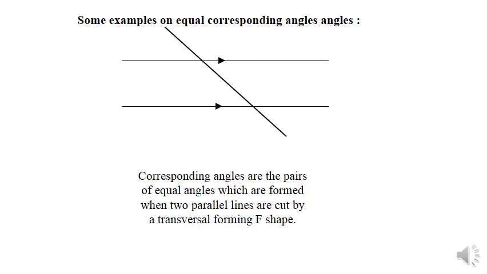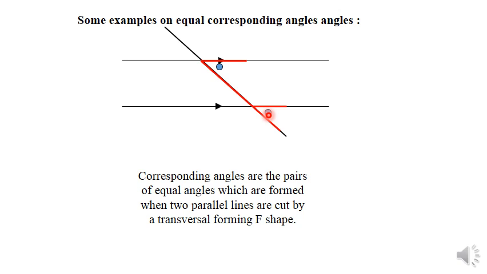Let's take more examples about corresponding angles. When we have two parallel lines cut by a transversal, how can we identify corresponding angles? Corresponding angles are the pairs of equal angles which are formed when two parallel lines are cut by a transversal, forming an F shape. Let's search for F shapes. Here we have the first one. These two angles are corresponding angles. As you can see, under the F shape, we have corresponding angles.